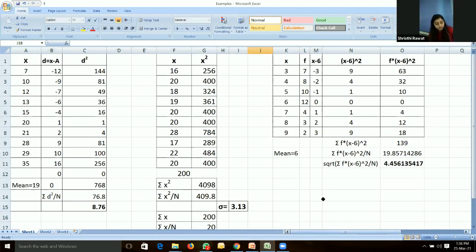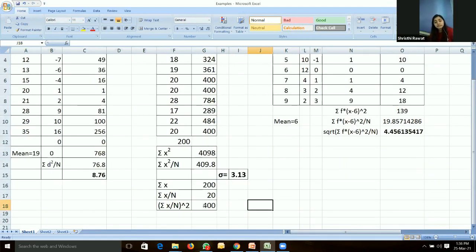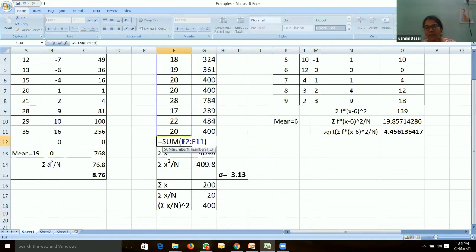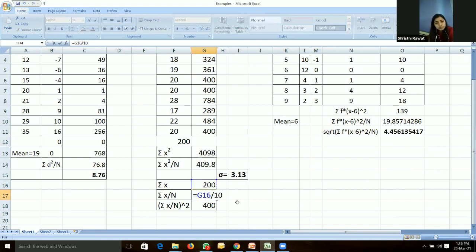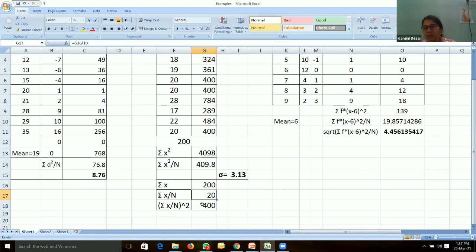मैम ये 400 वाला किससे आया? Which 400? This? Yes ma'am. See, you have to calculate first sum of x. In our formula, we have sum of x divided by n. So I got this sum is 200. Okay. Then you have to divide by n. N is 10. So we got this. And you have to do the whole square. So 20 into 20. Square lena. Square, हाँ. Yeah, so equal to this, and 2.